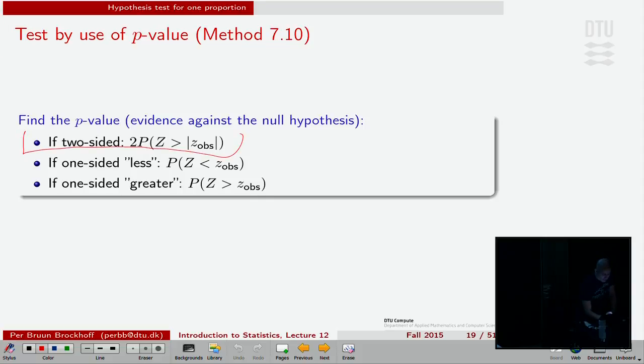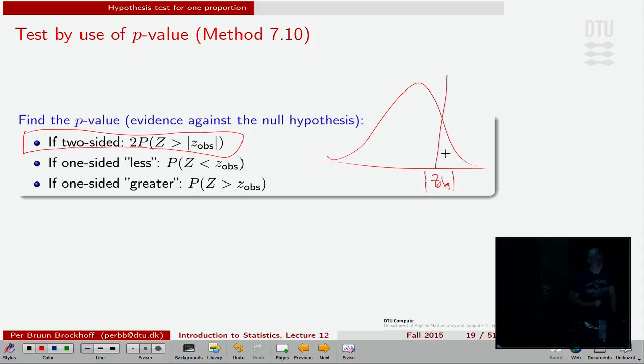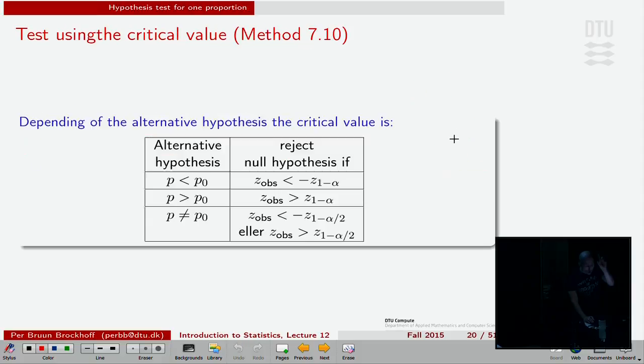We're in the two-sided case, so we find the Z. One way of putting it into the positive side, we take this probability and multiply it by 2 to get both tails. This is one way to express it. I could also have taken minus and then taken 2 of those tails. Or it could be one-sided. This is the p-value approach to find the p-value.